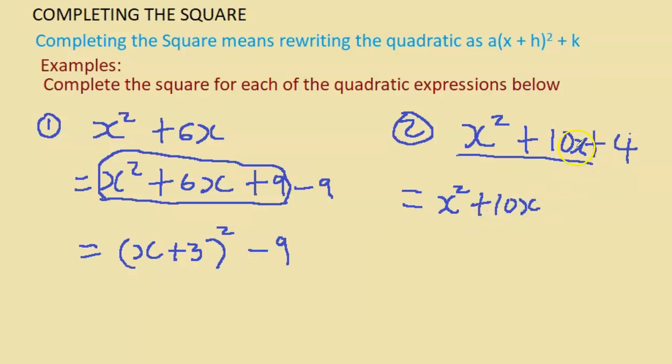You half the 10, you get 5, square the result, you get 25. But you have to subtract back 25, because remember, you're rewriting x squared plus 10x. So x squared plus 10x plus 25 minus 25 is still x squared plus 10x. But remember this 4? You have to put back the positive 4. Good?